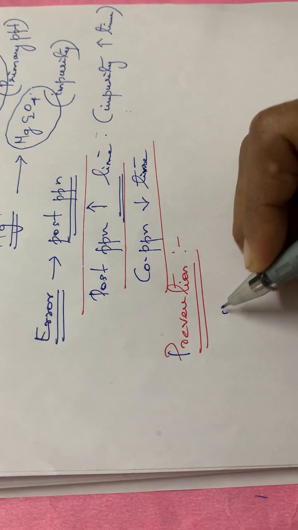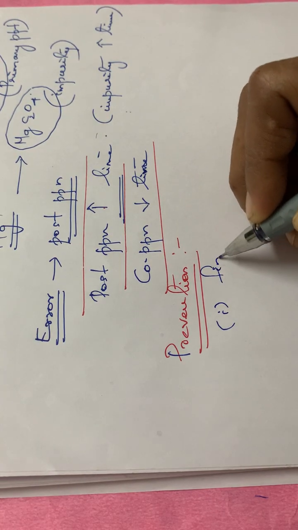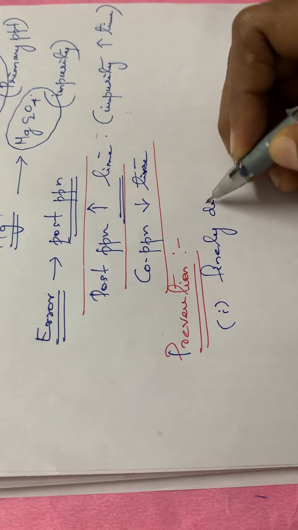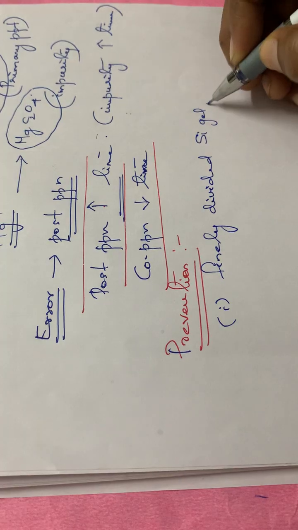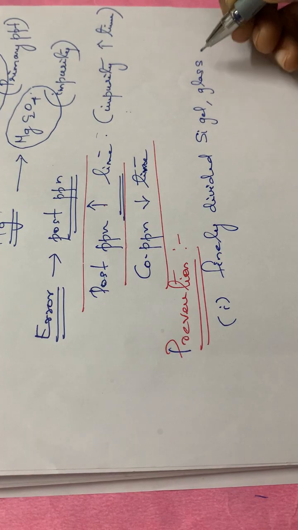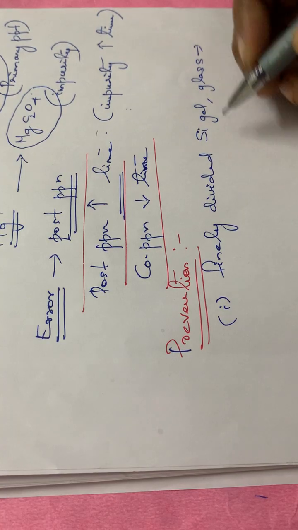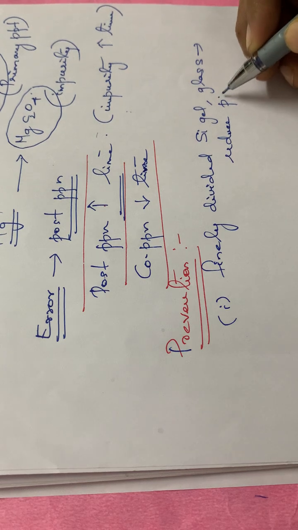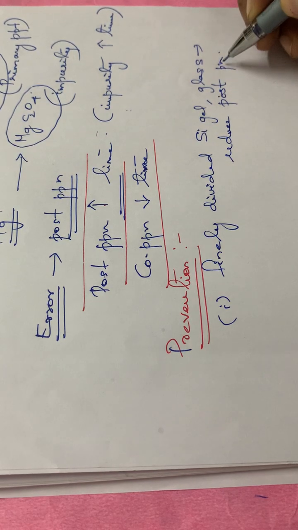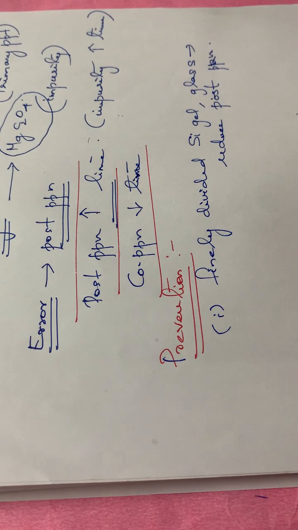For example, the first point is that if some finely divided solid substance like glass or silica gel is added, we can prevent or reduce the post precipitation. Finely divided silica gel or glass, if added, can avoid post precipitation.